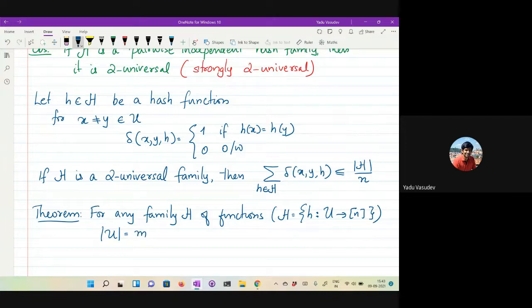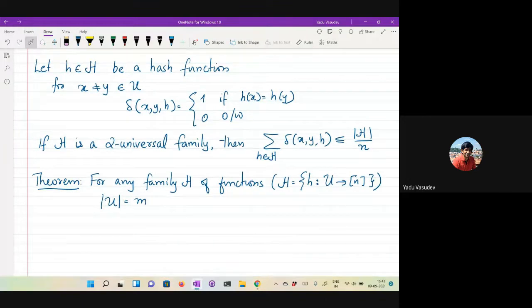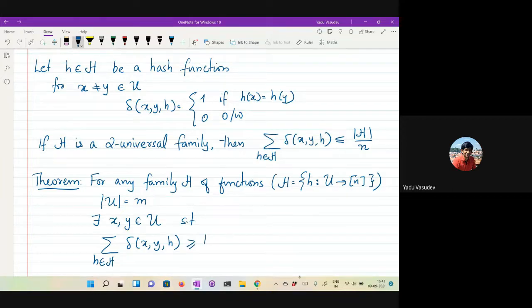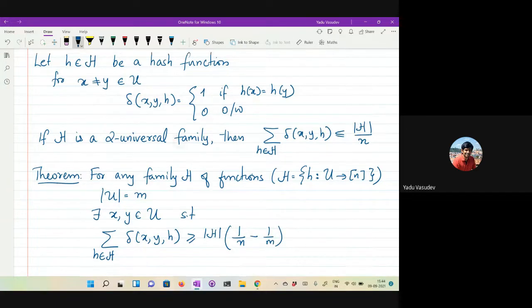For any family of such functions, there will always exist x and y in the universe such that the sum over all the functions in H of delta(x, y, h) is at least cardinality of H times (1/n minus 1/m).